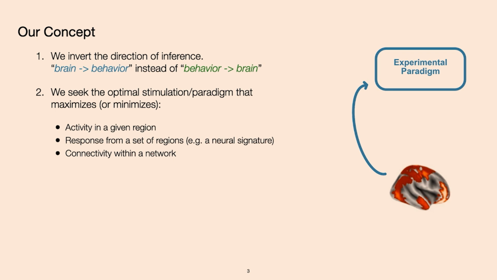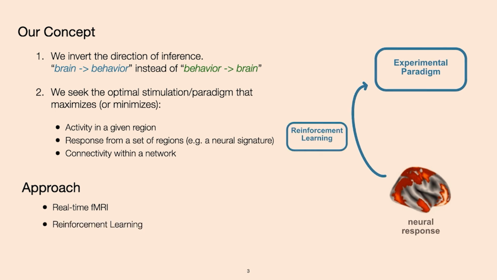And we do this with real-time fMRI and reinforcement learning in order to generate a paradigm space from scratch, for example, via generative AI, or by modifying the characteristics of a pre-existing paradigm space.